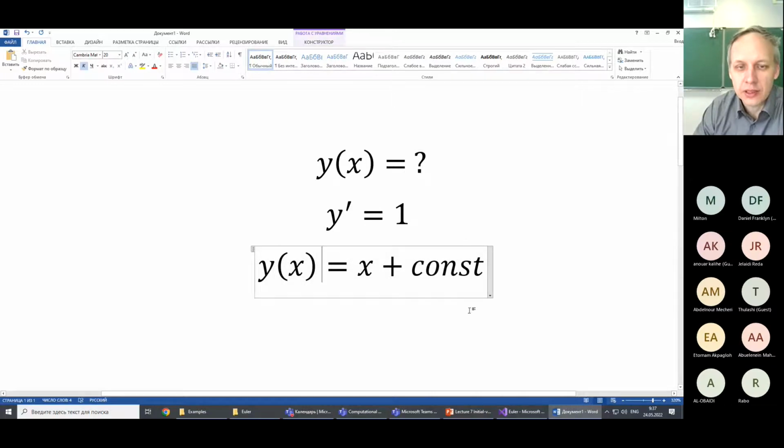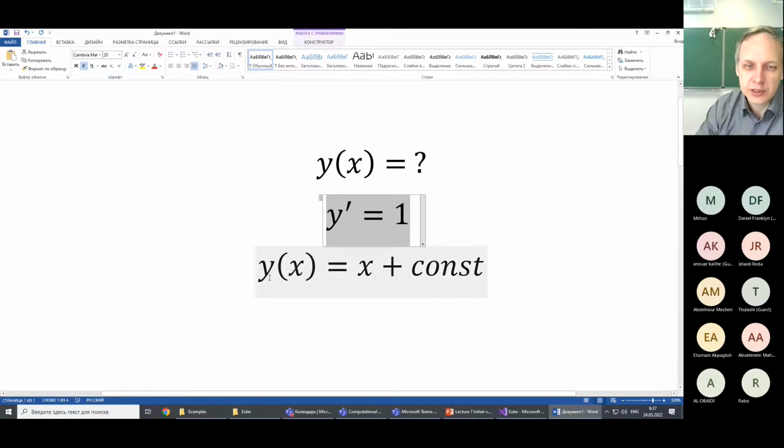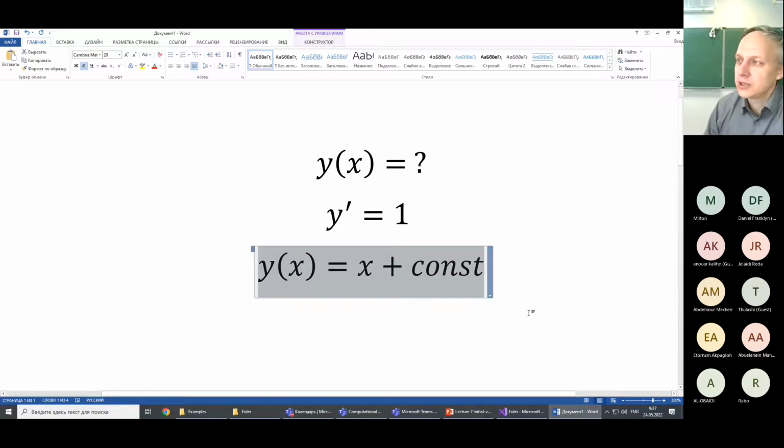In the theory of differential equations, this solution is called the general solution. If I have such an equation, there are infinitely many solutions.